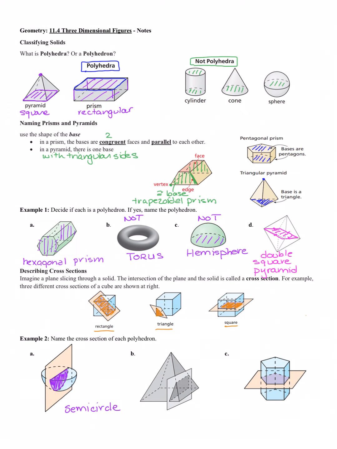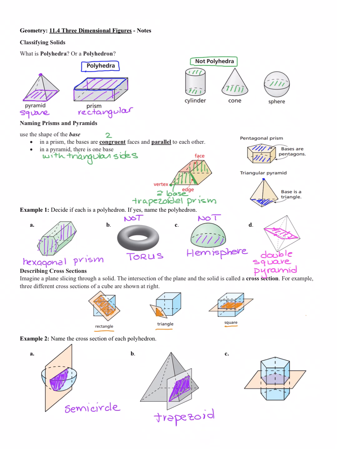Here we have a square pyramid that is being sliced a little bit at an angle. Again, if we outline what that is, notice it's not a rectangle because one of the sides is coming out here. So that would be a trapezoid.